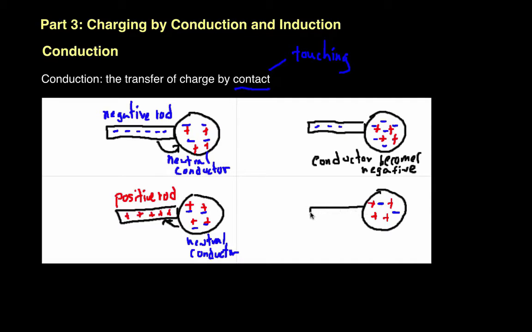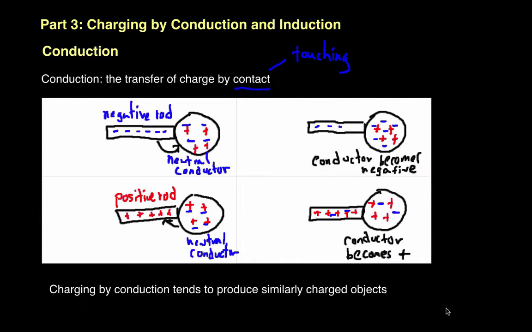The positive rod probably becomes a little bit less positive because it's had a couple electrons added into it, but it probably stays a little bit positive. So you can see the neutral conductor becomes positive. This is really key.